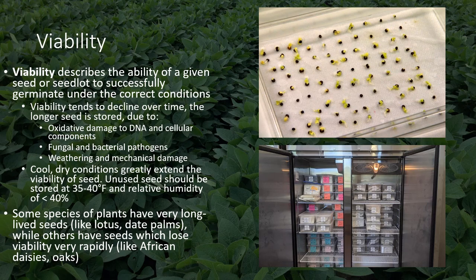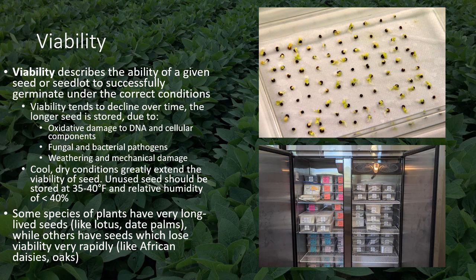Hydrogen peroxide reacts pretty violently with a lot of different substances, and it's naturally produced inside of cells, and cells have to have ways of getting rid of hydrogen peroxide. But in a seed, they don't have great ways of doing that. So if they're not stored properly, they build up oxidative damage to their DNA. They can't repair the damage to the DNA because they're not actively growing. And not just the DNA, but other cellular components like cell membranes can also become damaged under long storage conditions that aren't optimal.